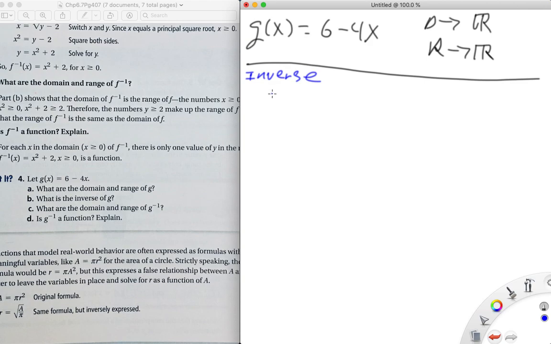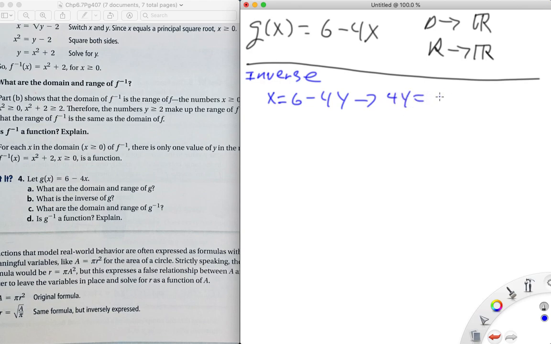if we were to switch the x and the y, so this is x equals 6 minus 4y. Add 4y to both sides.